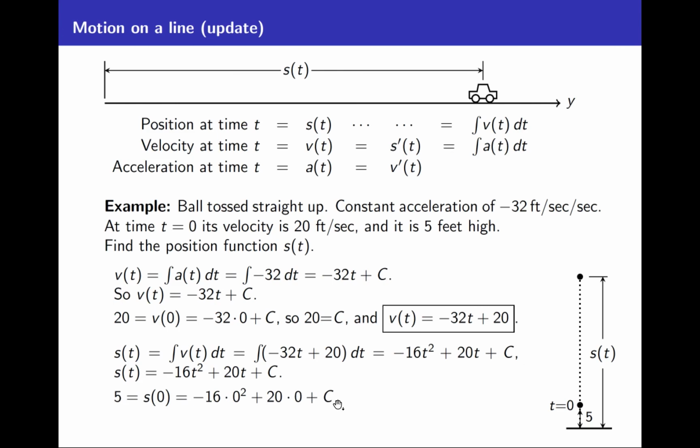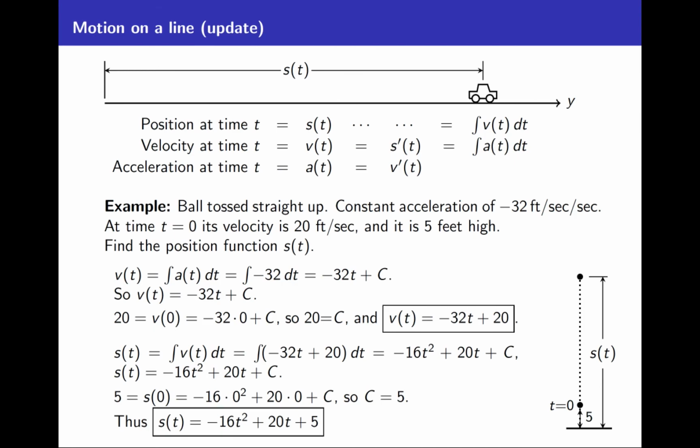Look at that equation. You now have c equals 5. So having found this c in the second integration problem, we've got our position. Just plug in c equals 5. So s of t is minus 16t squared plus 20t plus 5. And that's it. We found the position function.